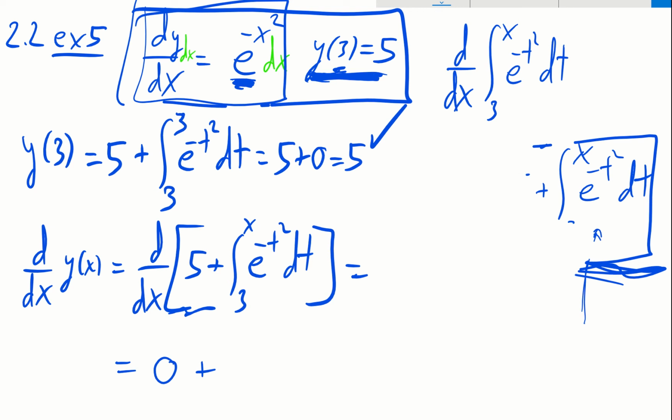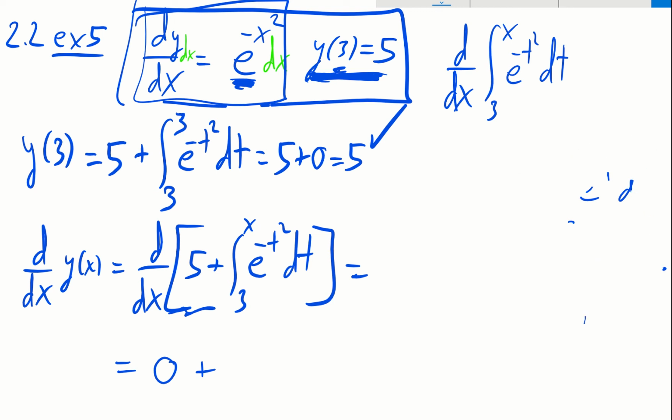Recall that differentiation and definite integration are inverse operations. So this is going to give us back e, but not e of t. It's going to give us e to the negative x squared. And that's what we claimed it was supposed to be.